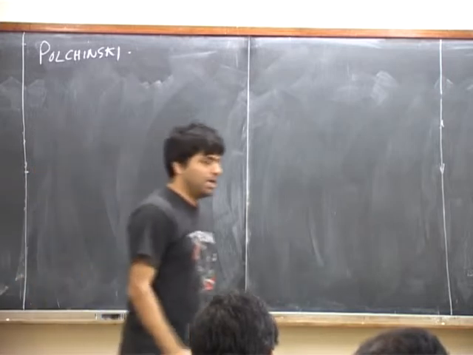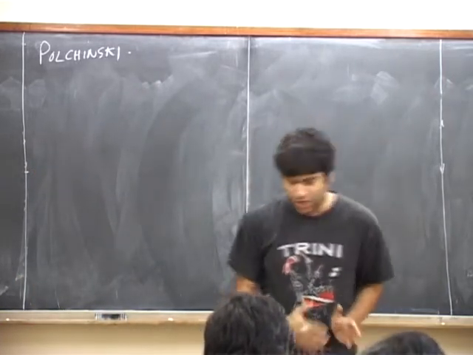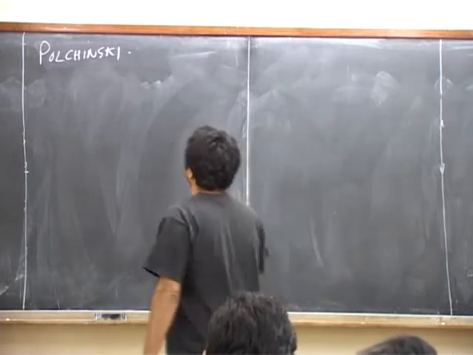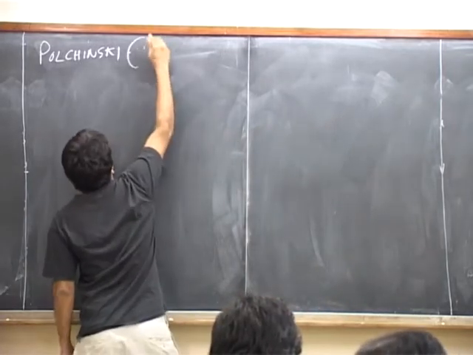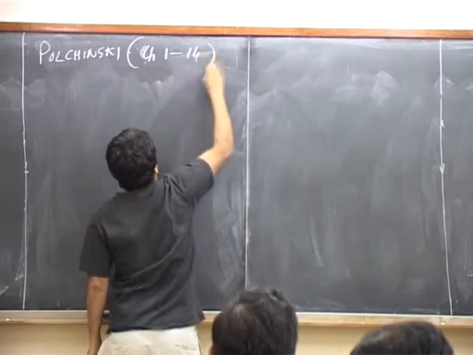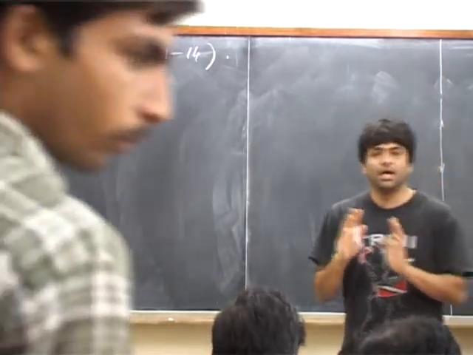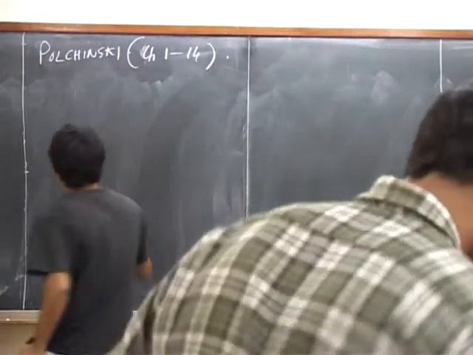Polchinski has written a couple of really nice textbooks in string theory. We will follow Polchinski's book, mainly chapters 1 to 4, through large parts. And this will be the most useful single reference.